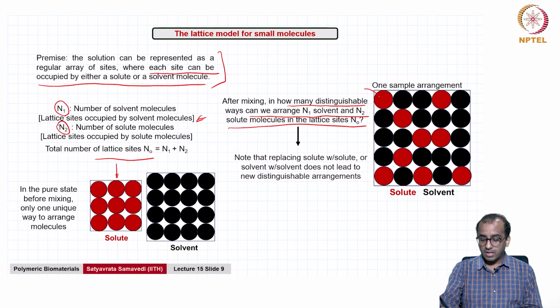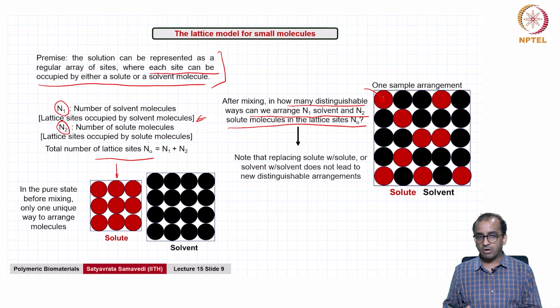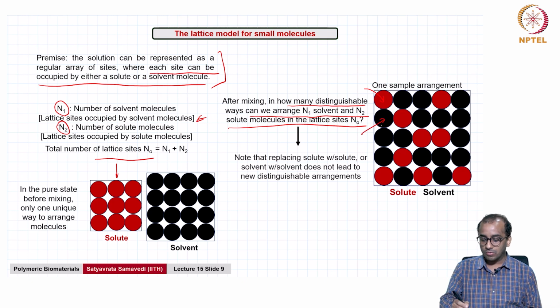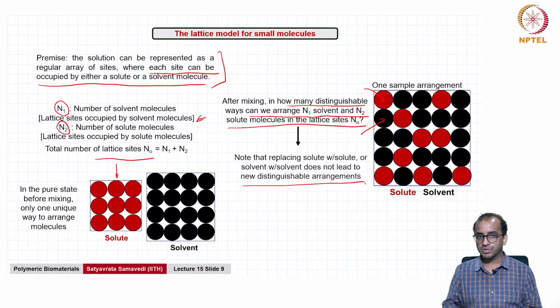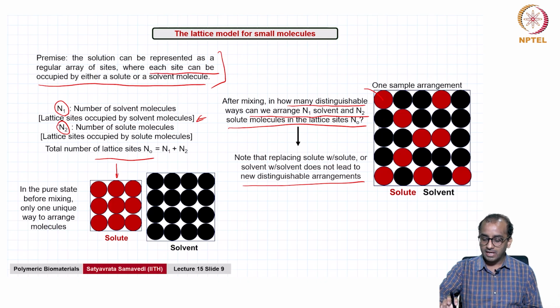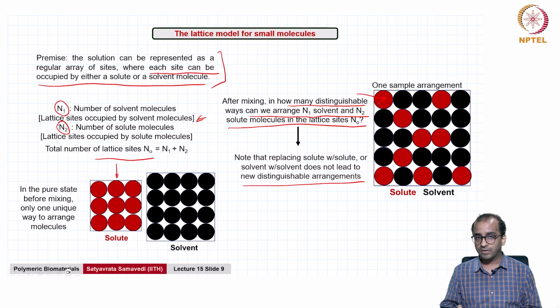Now, if I replace this red ball with another red ball, or if I replace this black ball with another black ball, that does not lead to new distinguishable arrangements. But if I replace this red ball with a black ball, then you will notice the difference.